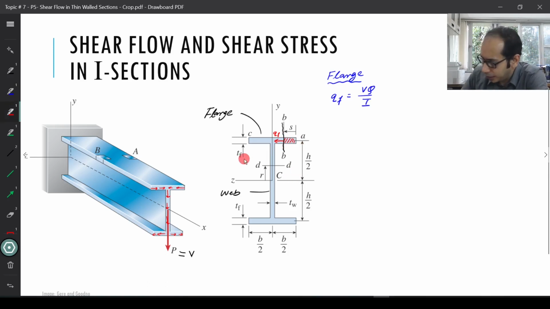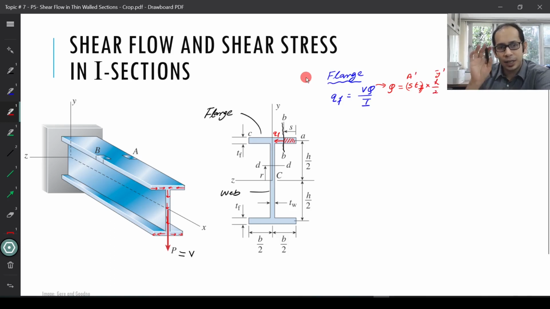So let's write out what my Q is going to be. Q in this case is going to be the area of that chunk, which is S times this thickness t_f over here. So it is S times t_f, this is my A prime, times h over 2. So this is Y bar prime.